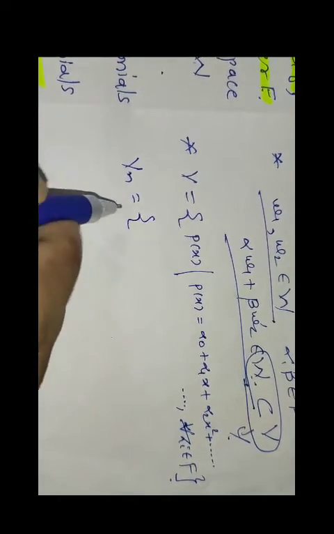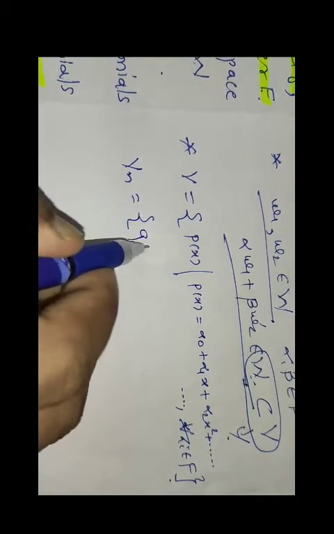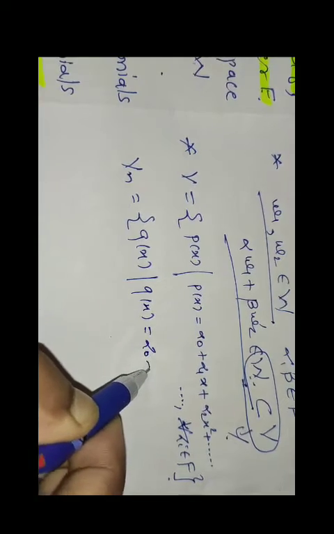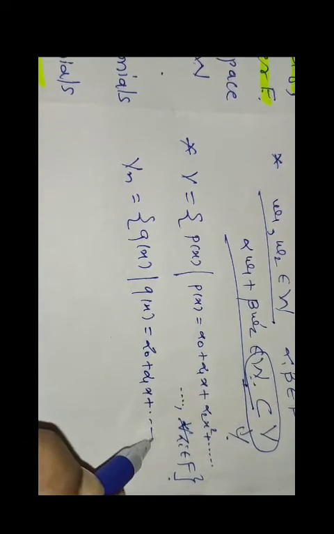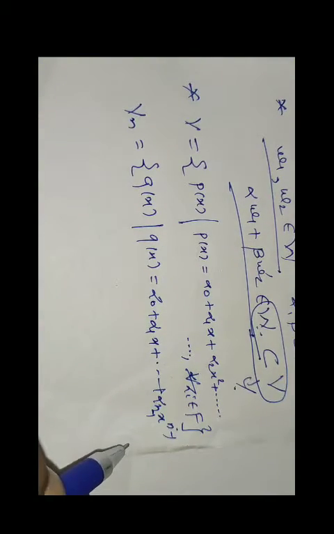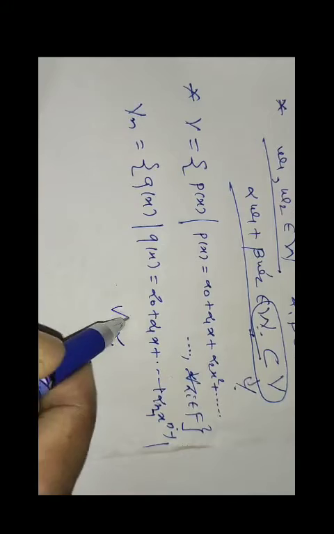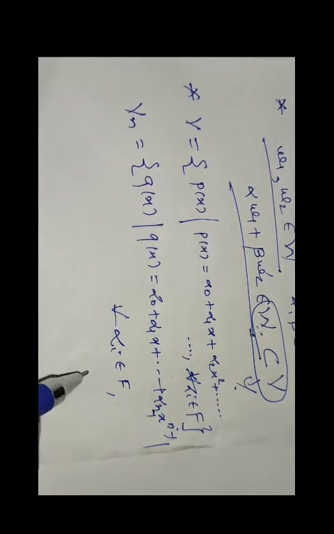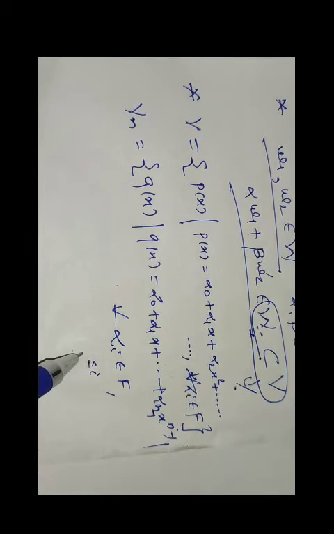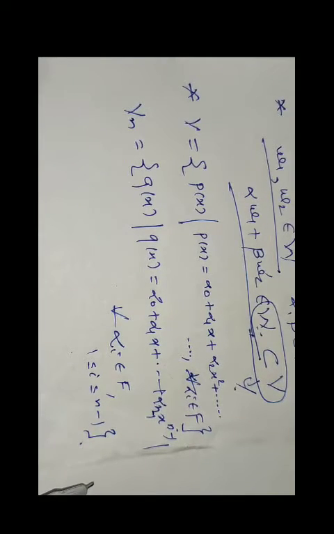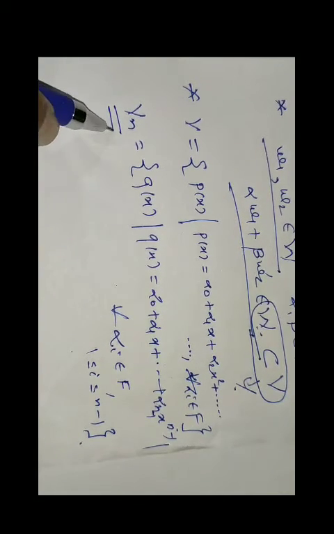And Vn is the other set of polynomials, Q of X, such that Q of X is alpha naught plus alpha 1 x up to alpha n minus 1 x power n minus 1, for all alpha i belonging to field F, where i runs from 0 to n minus 1. This set of polynomials is a vector space.